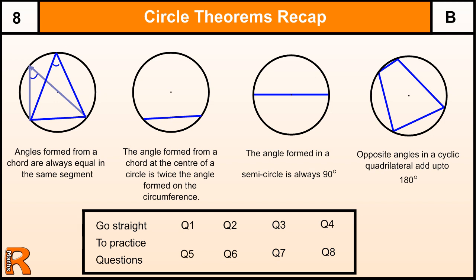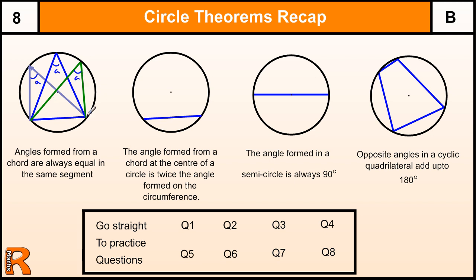And if I draw another one, as long as they're all on the same side of the line, it is also equal. So all those are the same angle. If we call it A, they would all be A.